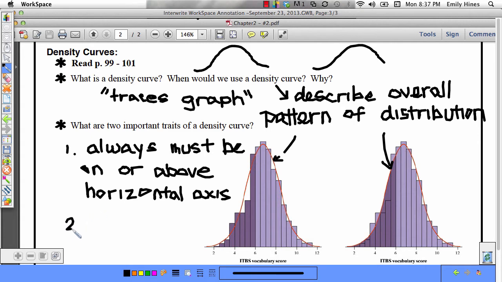Okay, number two, and this is always true no matter what shape the curve takes, the area under the curve must be equal to 1. Because what a density curve measures is basically your frequencies or your relative frequencies. So when I add up all of these relative frequencies, they must all equal 1.